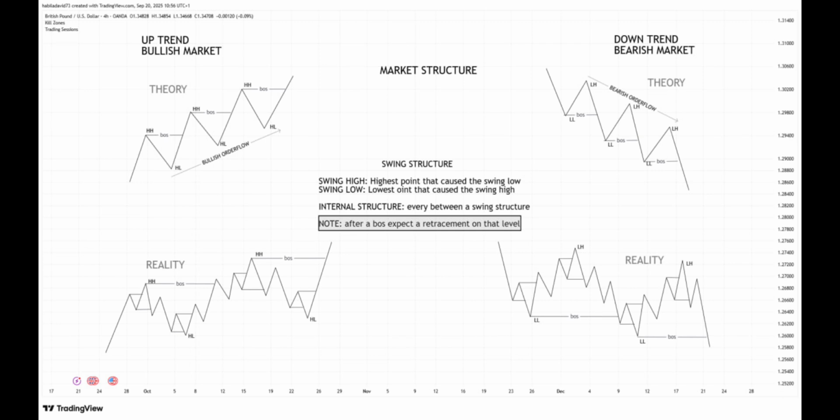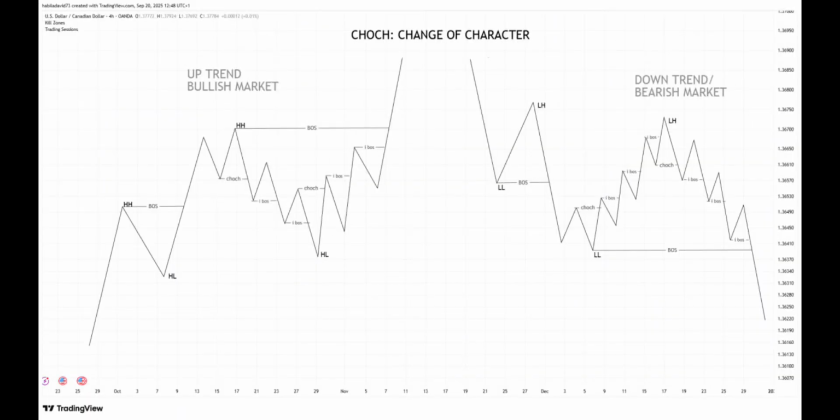To know that, after a break of structure, you have to wait for a change of character on your lower time frames. I don't know if that's the right way to say it, but it doesn't really matter, as long as you understand the logic behind it.